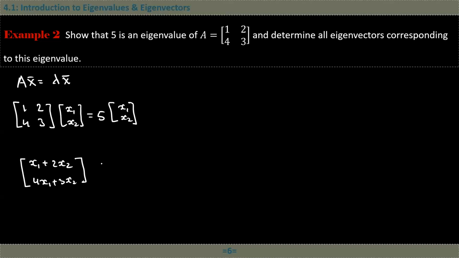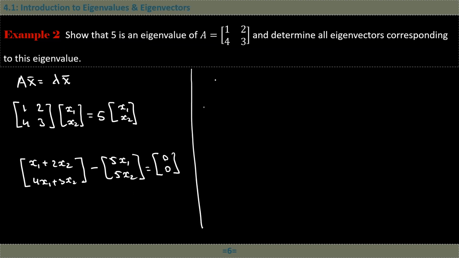And if you just take this to the left-hand side, minus, here we have 5x1, 5x2. On the right-hand side, we have 0 vector. Okay, so now if you just simplify this, what do we get here? Actually, maybe I should not solve this in this way. I can solve this using Gaussian elimination methods.